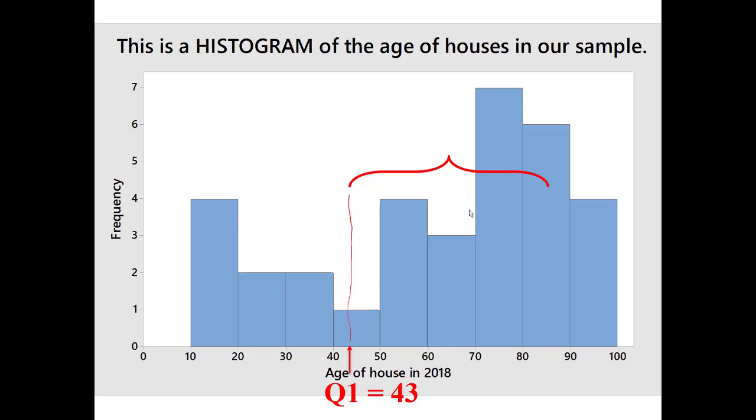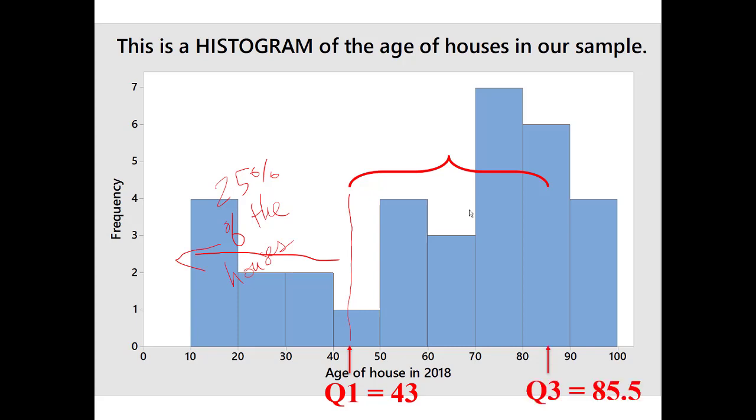Draw, that's supposed to be a straight line, goes up to there. So this means that 25% of the houses, or 25% of our sample, are less than 43 years old, which then means that 75% of our houses are 43 or more years old. So that's the first quartile.